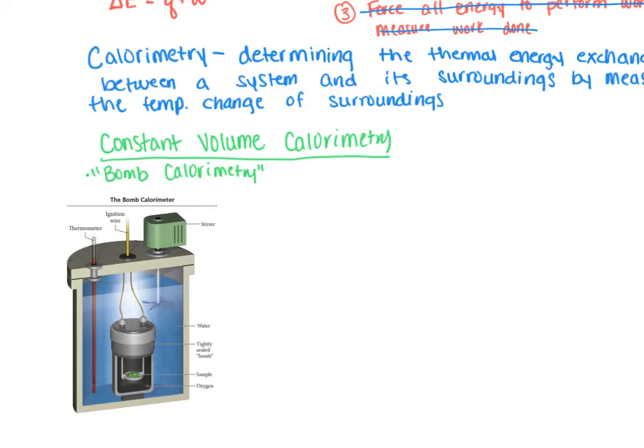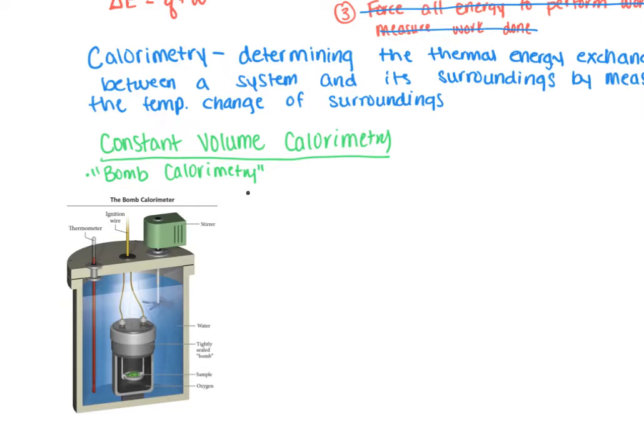And the reason for that is because we're going to create a combustion reaction. And remember, especially those of you who are taking the lab for this class, we've seen combustion reactions already. And one of the requirements for a combustion reaction is to have oxygen. That's one of the reactants.